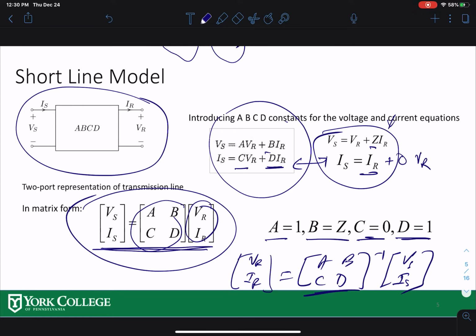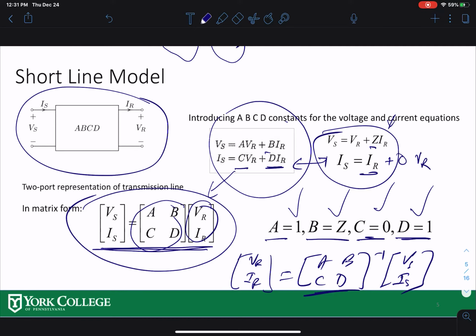We model a two-port network with ABCD constants. So A is 1 here, B would be Z, C is 0, and D is 1. That means if you know the ABCD constants, you can make a matrix from this equation here, and you can easily find the relation between receiving end quantities and sending end quantities.